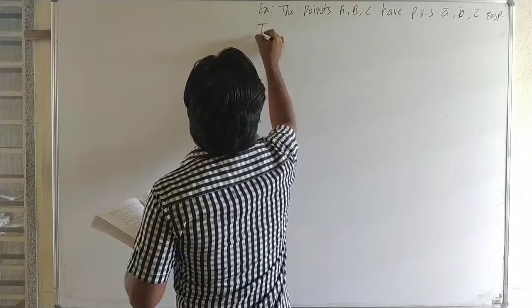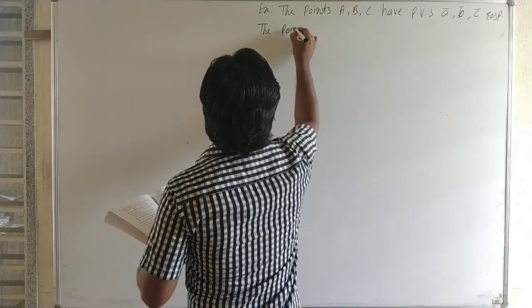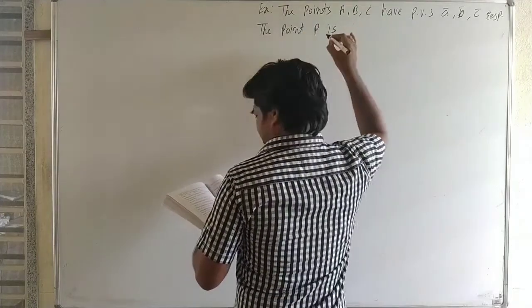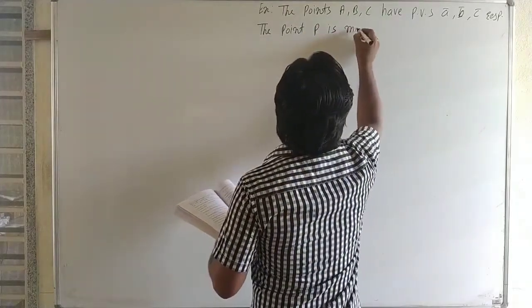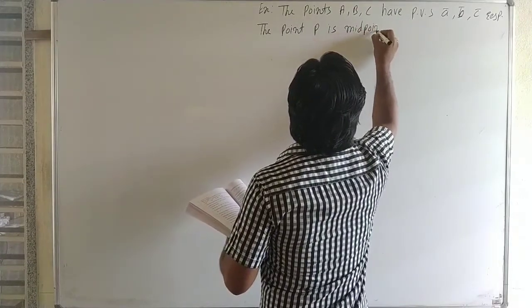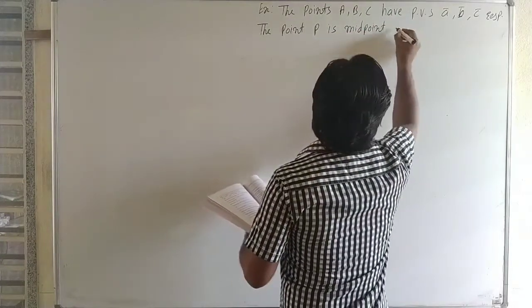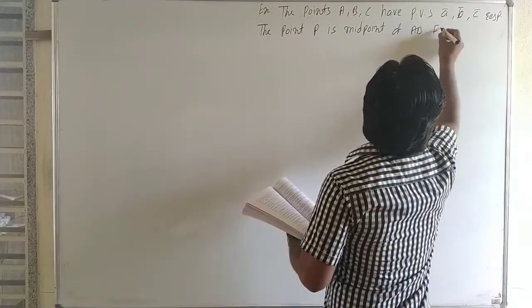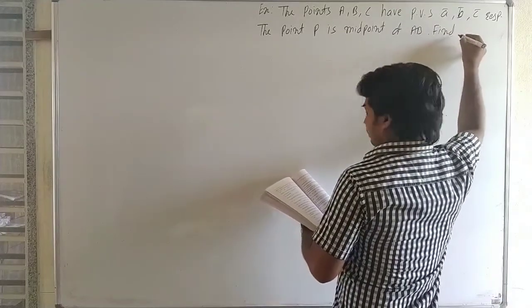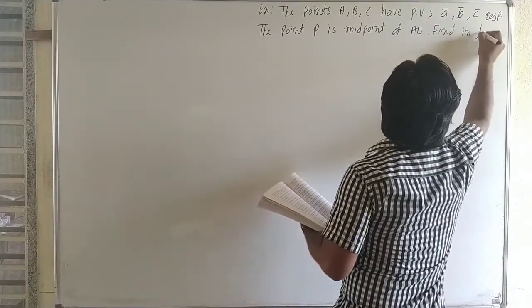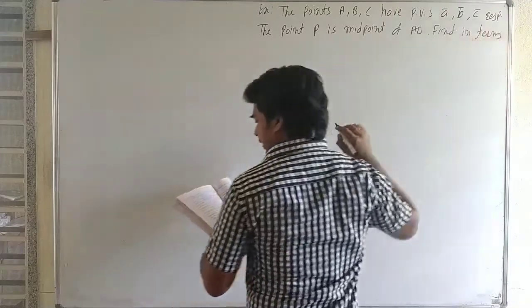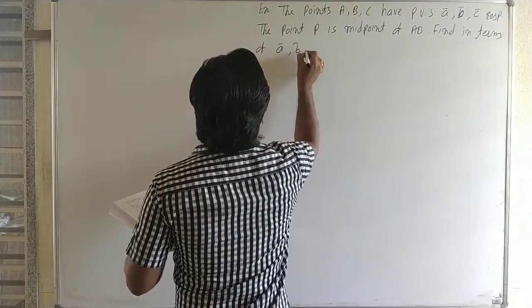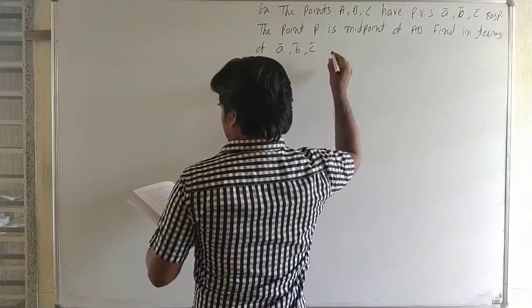The point P is midpoint of AB. Find in terms of A bar, B bar and C bar the vector PC.